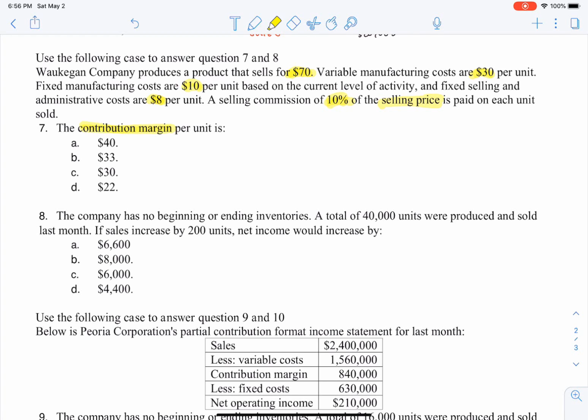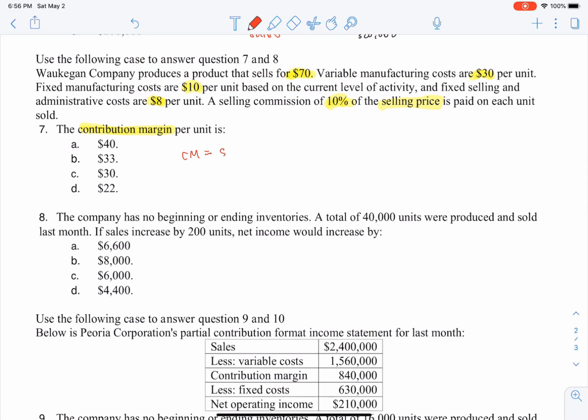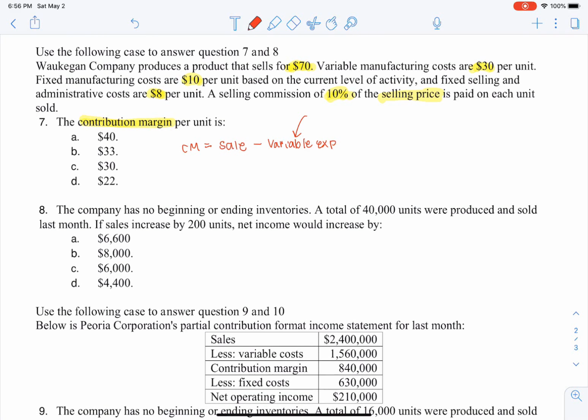So as we all know, the contribution margin is equal to sale subtract variable expense. Then the variable expenses in this problem include variable manufacturing cost and the variable selling cost.